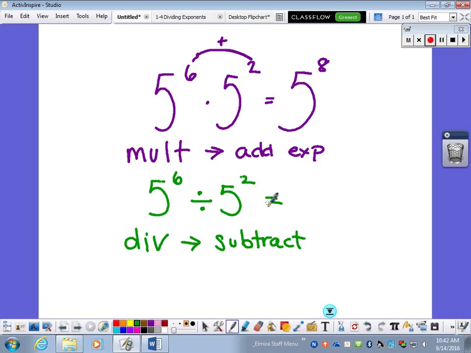So our answer, 5 to the 6th power divided by 5 squared, is 5 to the 4th power. Okay, so when it's multiplying we're adding, but when it's dividing we're subtracting, and that's our lesson for today.